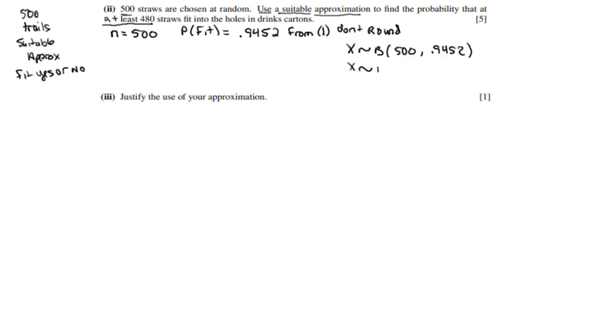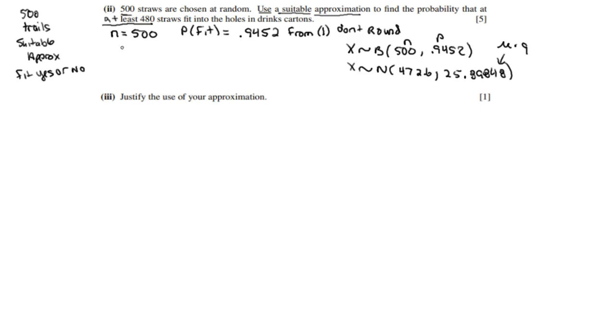0.9452. All right, now if I switch it over to a normal distribution, I need a mean, so I multiply n times p, and I'm going to get 472.6. And then my variance is going to be the mean times q, which is 1 minus p.